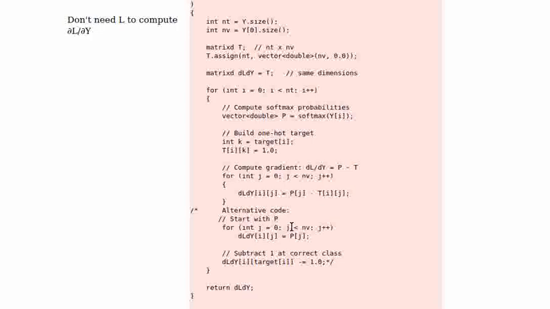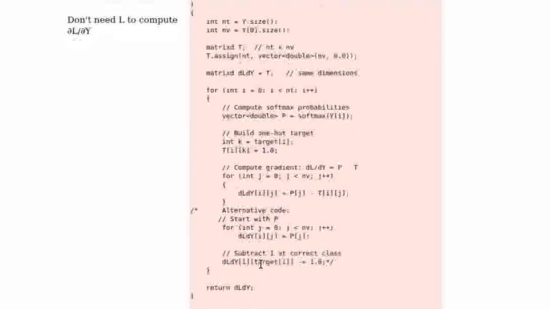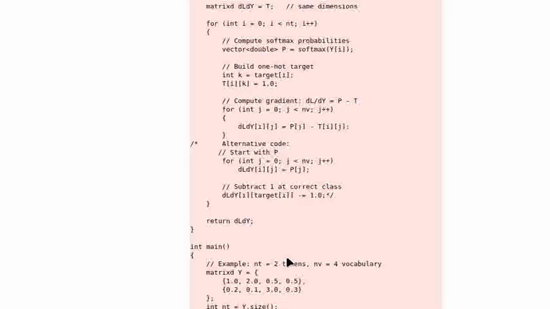So we start with dL dY equals P_j, and then because there's only one nonzero entry in T, we just take dL dY[i][target i], this entry, and subtract 1 from it because the target is 1 for this case. And then we return dL dY.